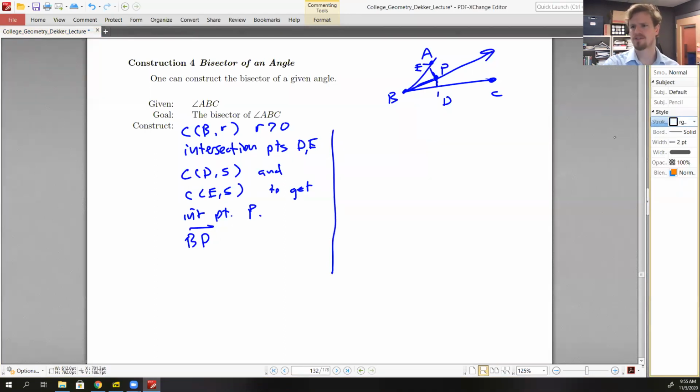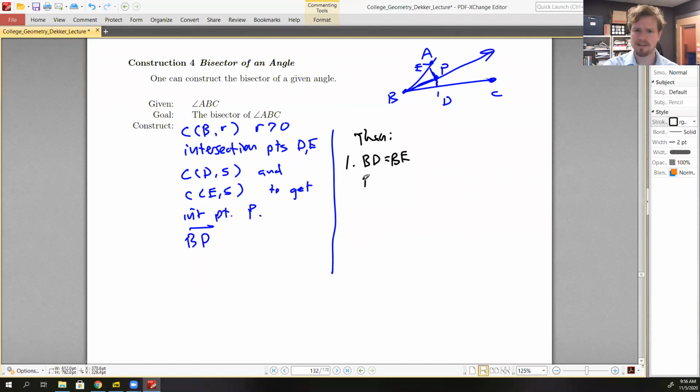And let's give some justifications of that. First of all, from the definition of a circle, when we construct the circle centered at B with some radius, we get that BE and BD are equidistant. So BD is equal to BE. But we also have that DP is equal to the radius S. Because we're looking at two different circles here, we don't immediately get that EP and DP are the same.